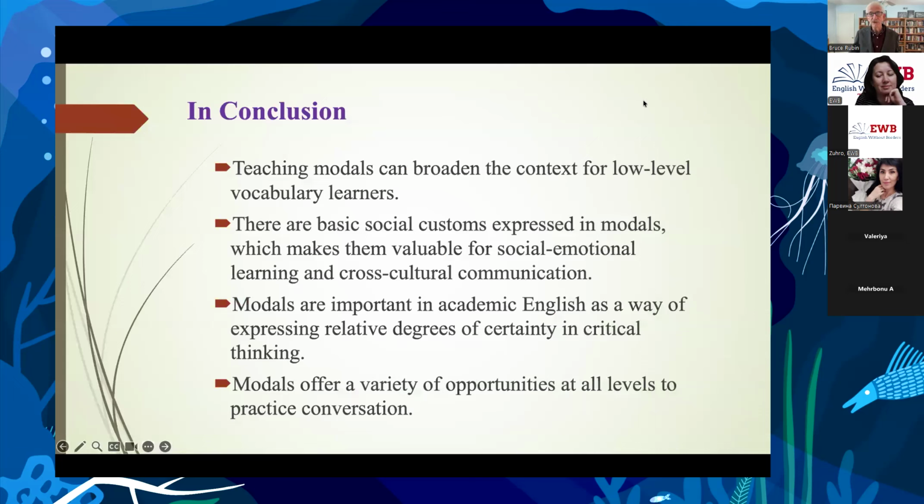Okay, so just to conclude here, again, a little bit of a repeat, teaching modals can broaden the context. You're teaching animals and you say, a bird can fly, a horse can't sing. There are basic social customs expressed in modals, so they're very valuable for social emotional learning and cross-cultural communication.